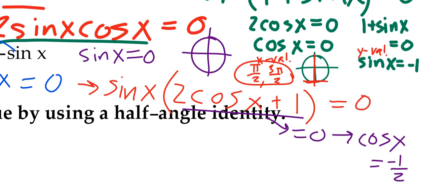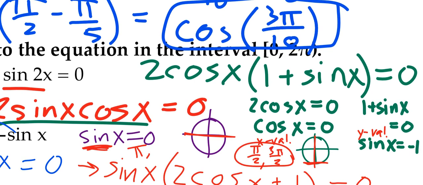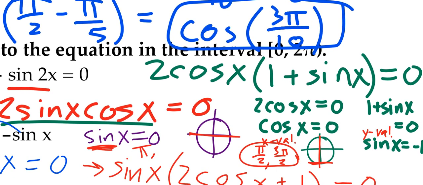If the sine of x is 0, is that an x value, a y value, or a slope? That's a y value. And if the y value is 0, what kind of answers you got there? We got definitely pi. If you quote me 2 pi, you didn't pay attention to the restrictions.